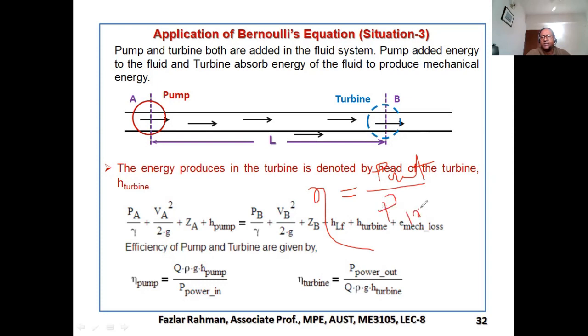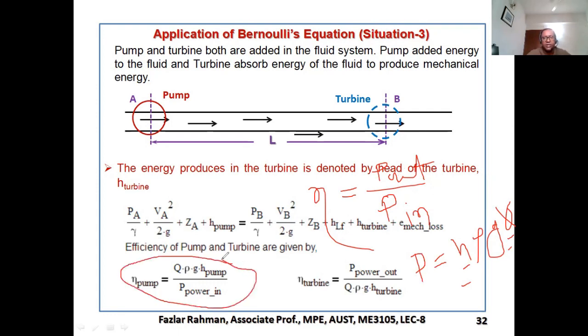He's taking energy from the motor, electrical energy. So how will P out be? P out will be H rho g Q. What is H? H is the head of the pump, rho is the density of the fluid, and Q is the flow rate. That you put over here, you will get the efficiency of the pump. That we put right over here.